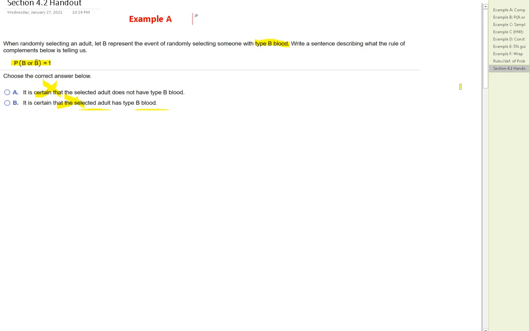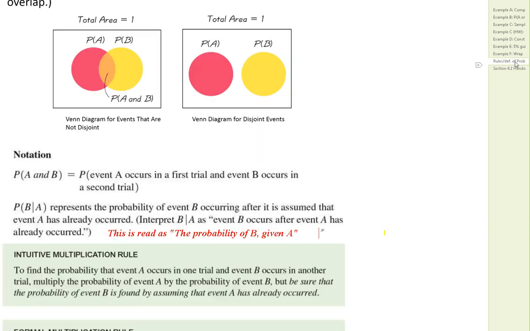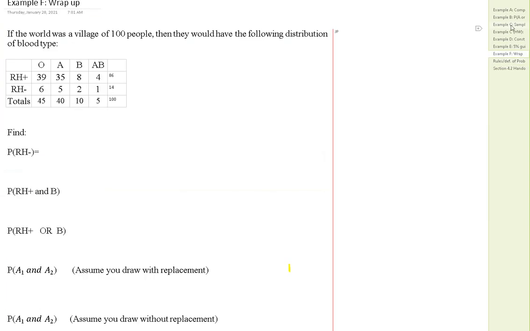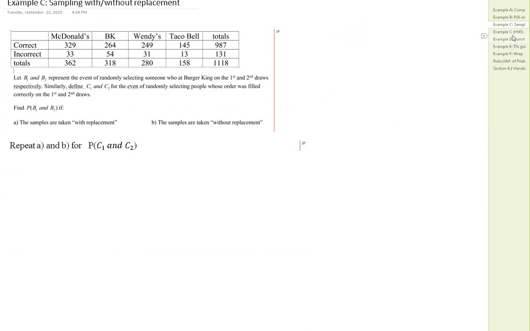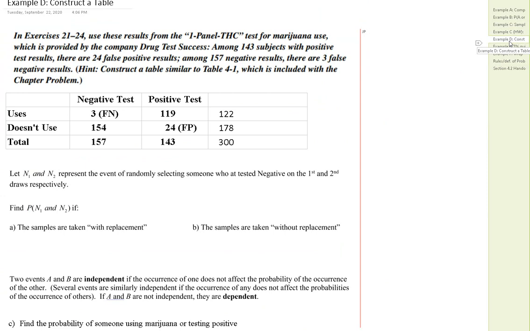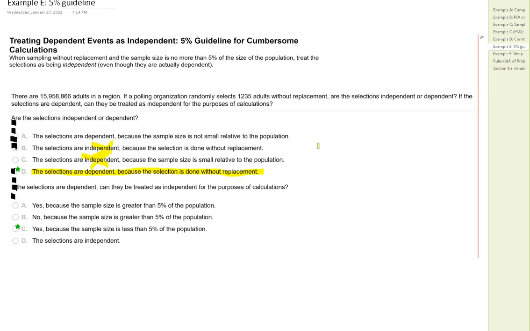Come on. No, wrong one. Still wrong one. There. Okay.